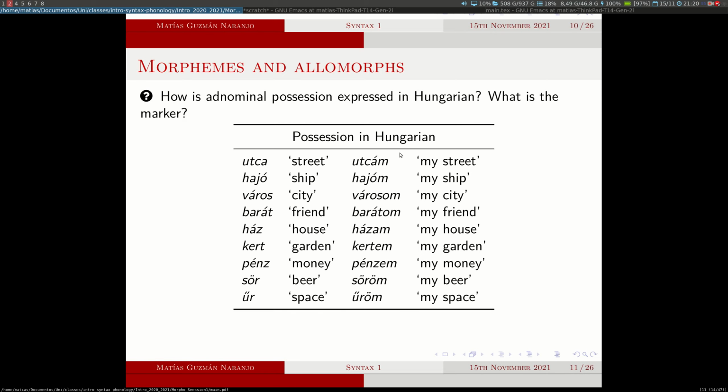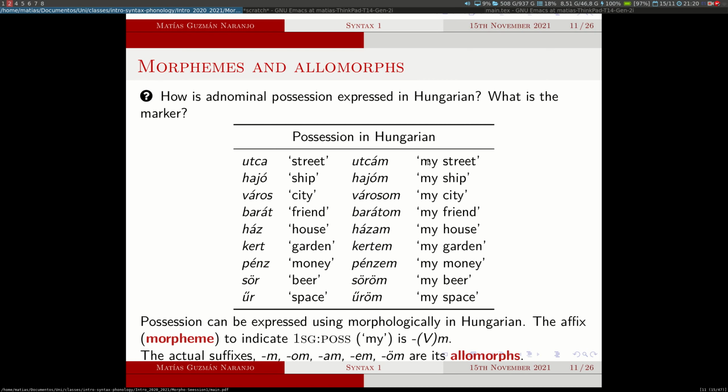But the point is that possession in Hungarian can be expressed by multiple different morphemes. The different forms expressing possession are clearly related. They all have a vowel or possibly a vowel and an M marker there. So we call them allomorphs. They are variants of the same morpheme.